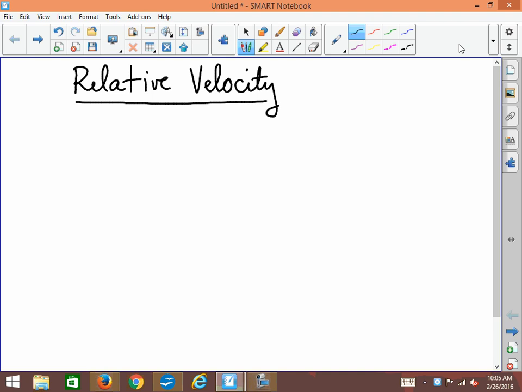Well, the word relative basically means that the way you measure someone's motion can be different depending on how you look at it. All right? So let's write that in English.